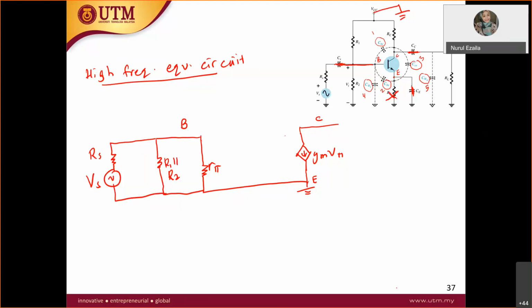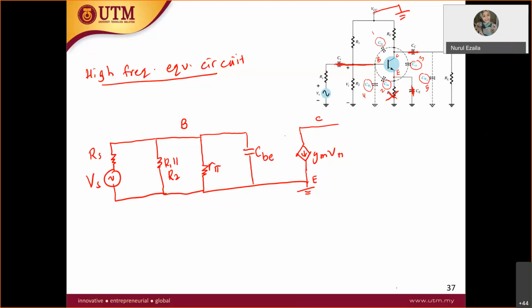All right, so let's put in all the junction capacitances. We want to do the front part first, which is from base to emitter. What capacitance do you have from base to emitter, students? CBE. Yes, CBE. So put your CBE here.